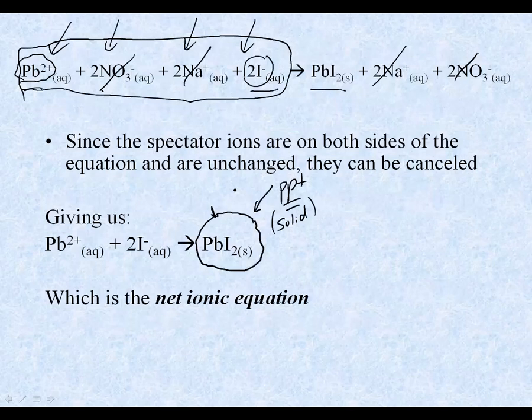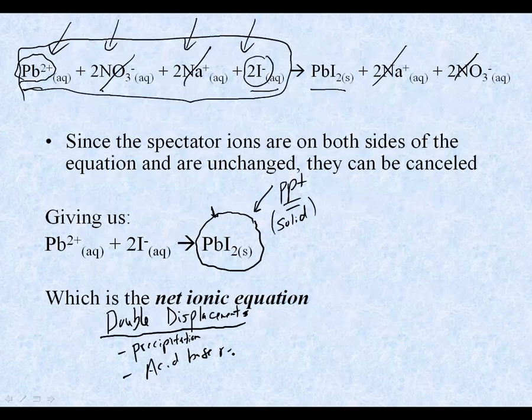So again, this is truly a double displacement reaction, and double displacement is a big category of types of reactions. One type you could put underneath a double displacement is a precipitation reaction. Another one that we will see in just a second is an acid-base reaction. It's another type of double displacement reaction, and we'll look at some examples of that in this chapter as well.